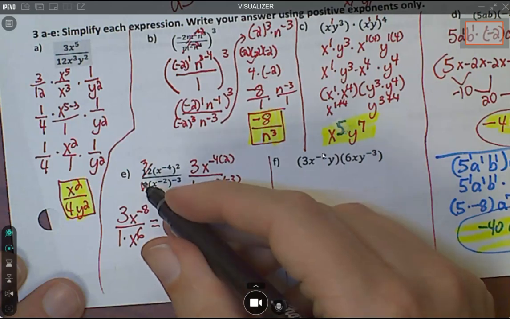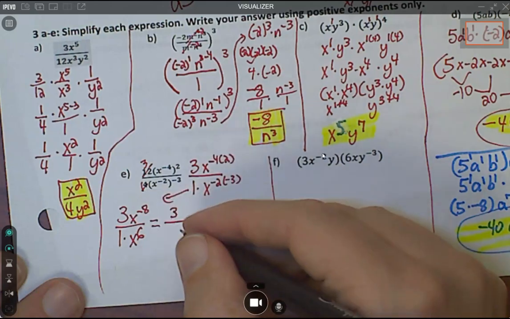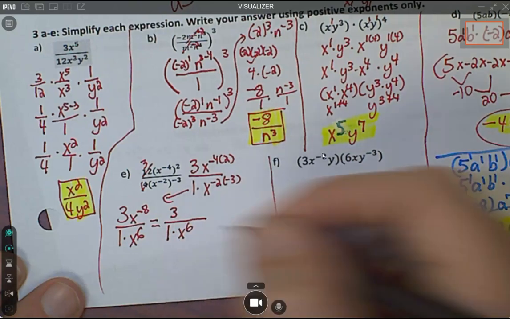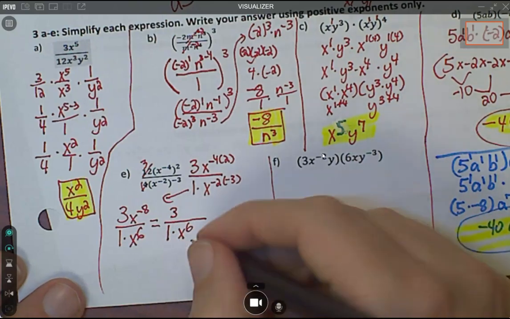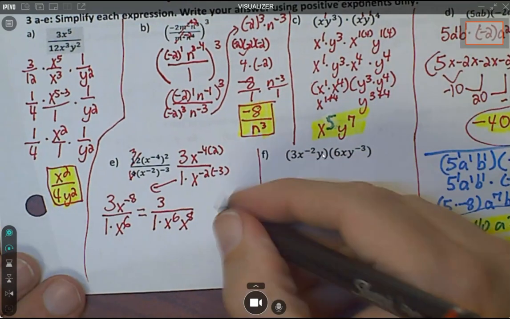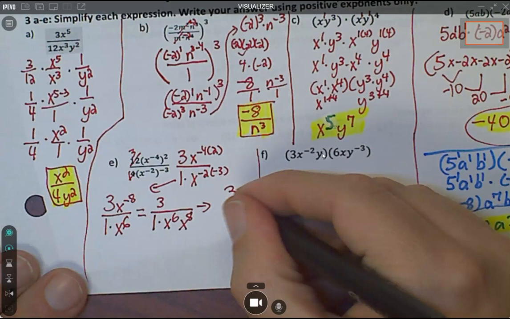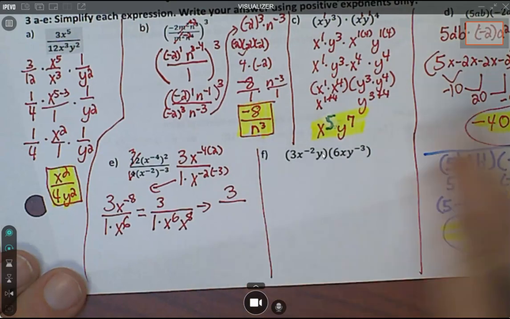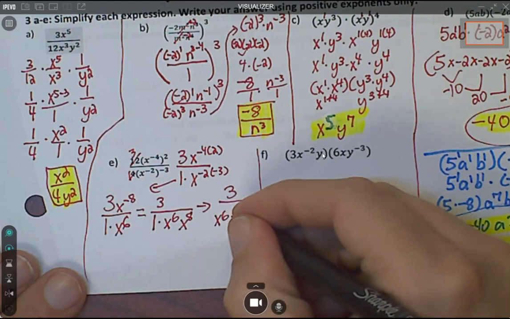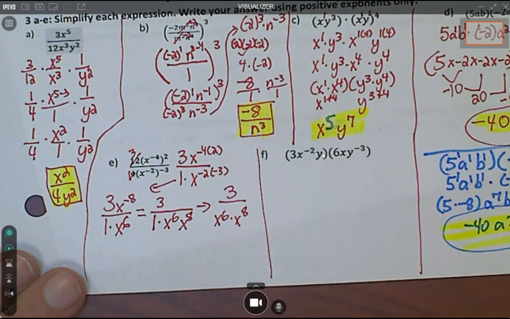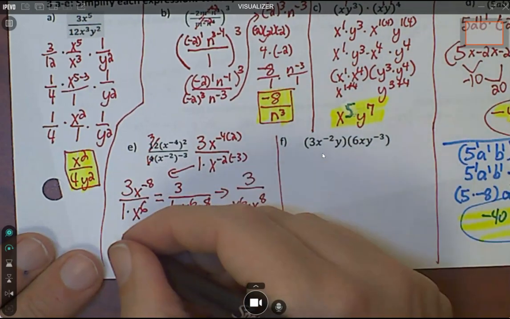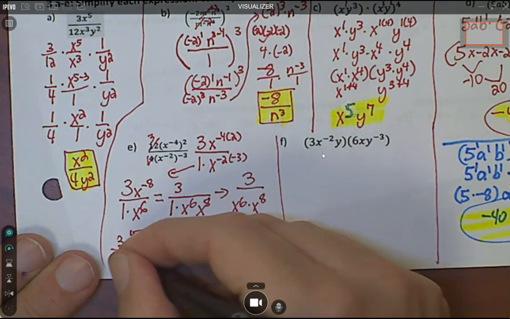Okay, x to the negative 8, we're going to move that to the denominator. And down there we already have y times x to the 6. So if we move x to the negative 8 down, that leaves us 3 up top. One can go into the ether. Okay, now final steps for circling in: 6 plus 8.